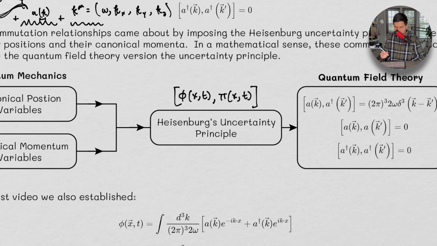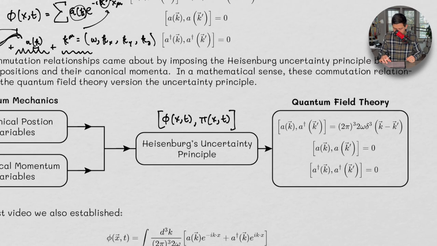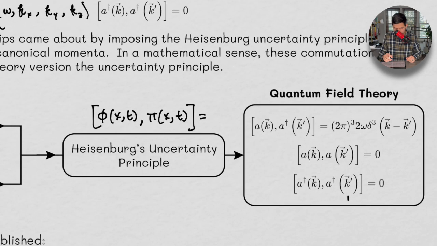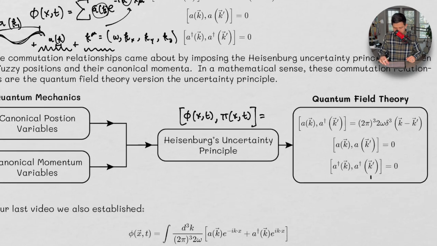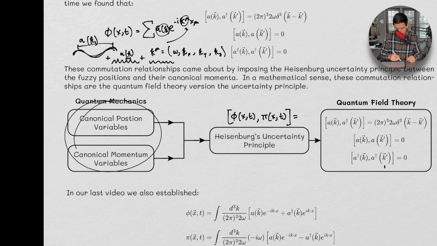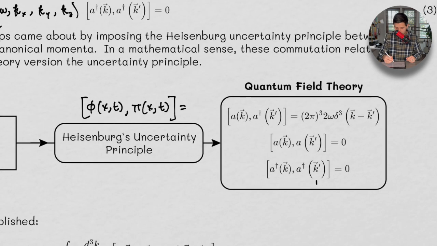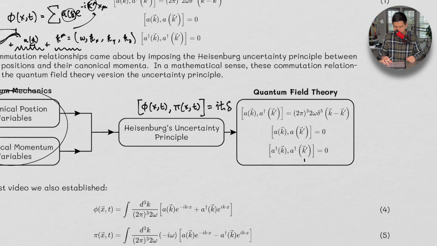We said that the commutation relationship between these two things was some value, related to the commutation relationship in quantum mechanics. It was a little bit more complex, but we had this i h bar, and then some delta function out here as well.